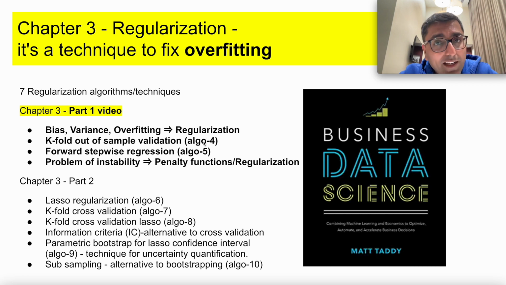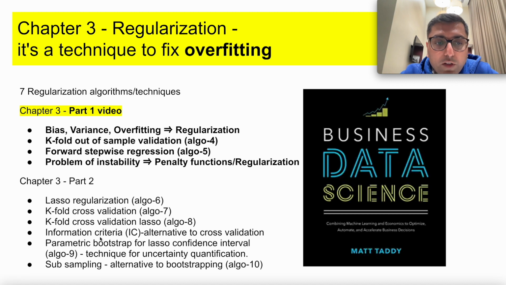So far we've covered 3 algorithms in the previous chapters, and then forward stepwise regression, which is algorithm 5. And then we'll talk about this problem of instability and how, with penalty functions, regularization helps with solving that problem of instability. In part 2 of the video, we will cover the remaining 5 algorithms.